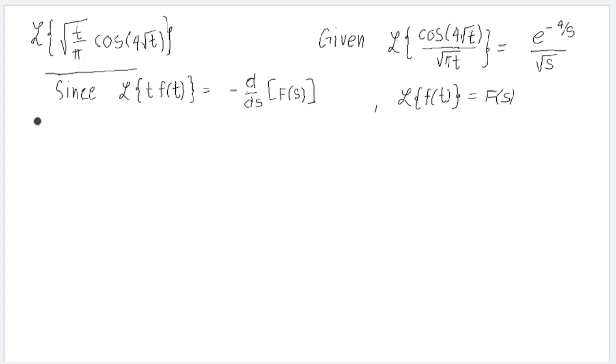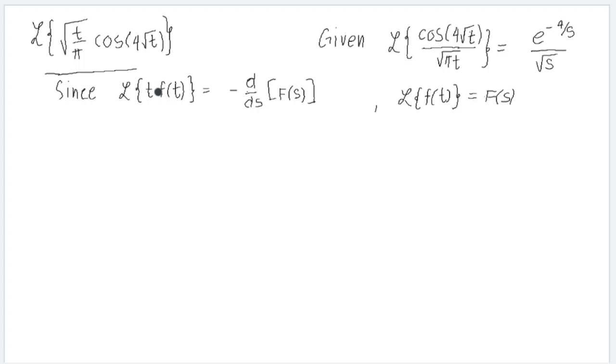Now, first we're gonna need to change this inside function into a format like this: t times any function f of t.